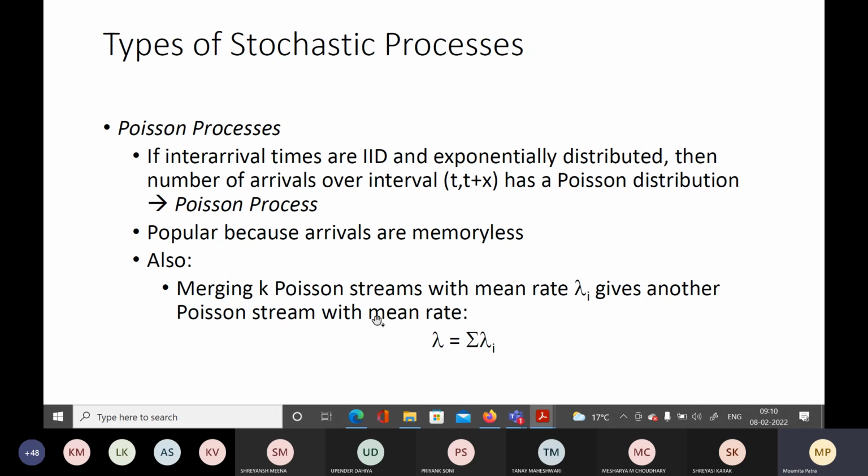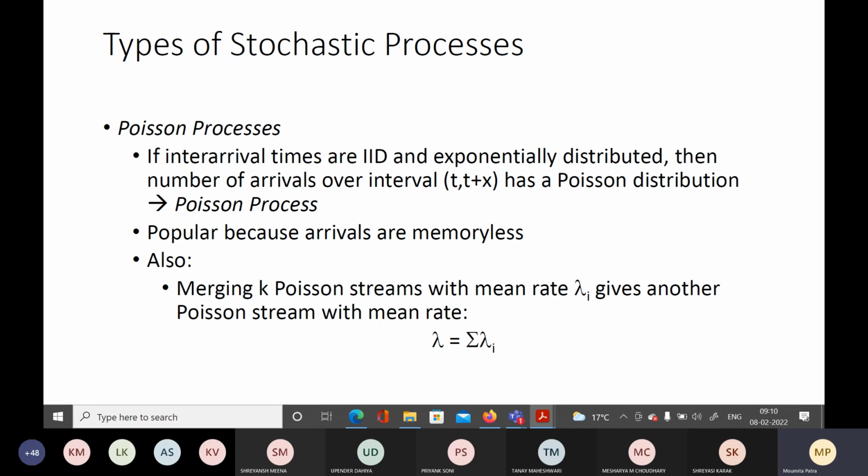Because arrivals are memoryless, it is pretty easy to analyze a system when we assume that the arrivals follow a Poisson process. Merging of Poisson streams and splitting of Poisson processes we have also already studied, so I will not get into this any further.